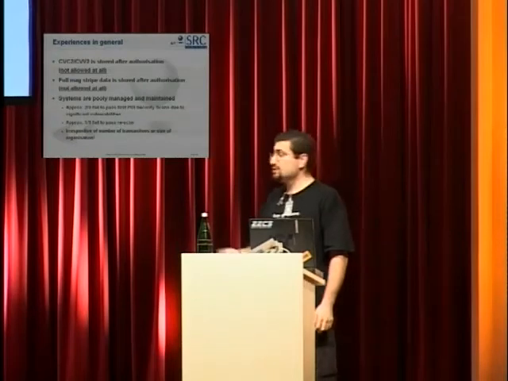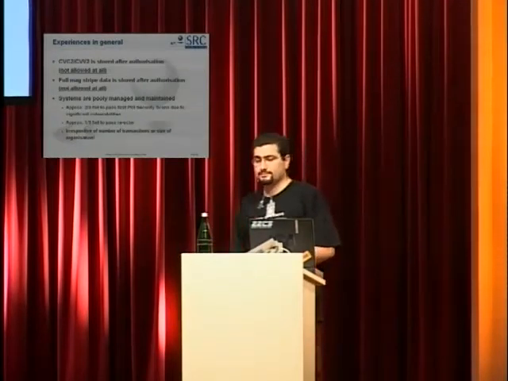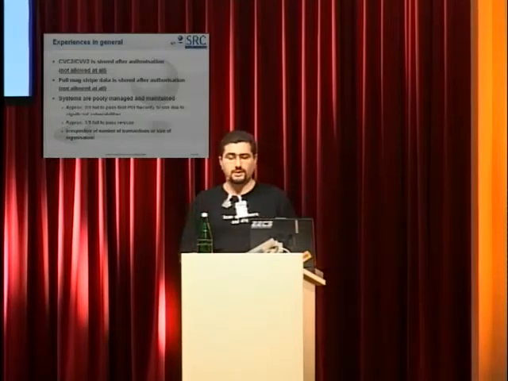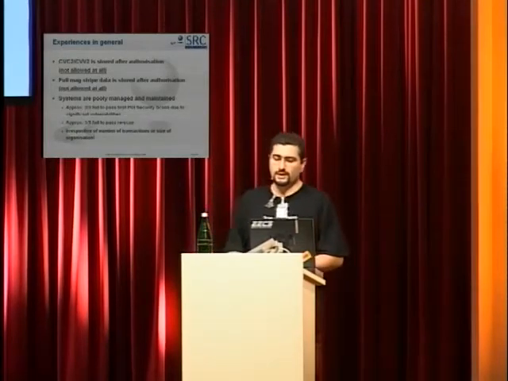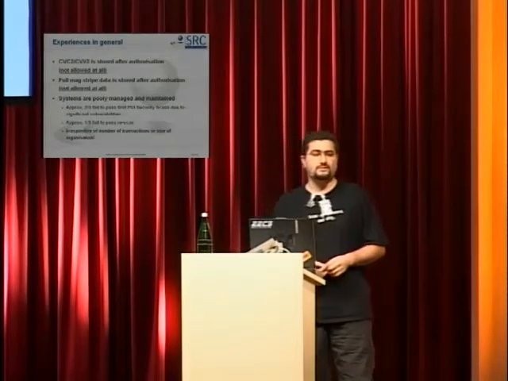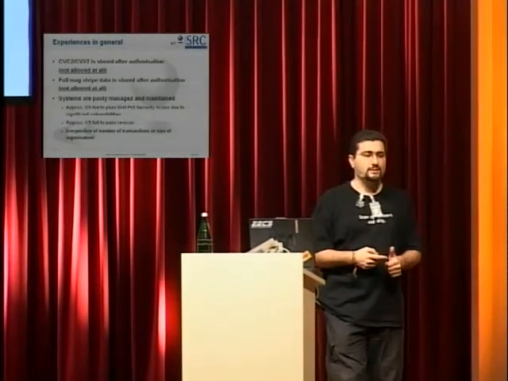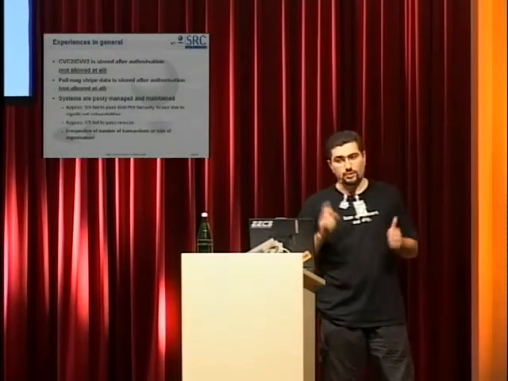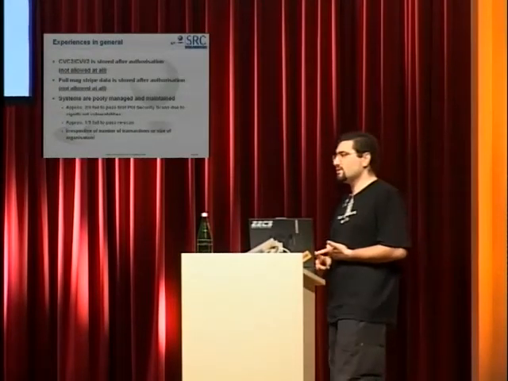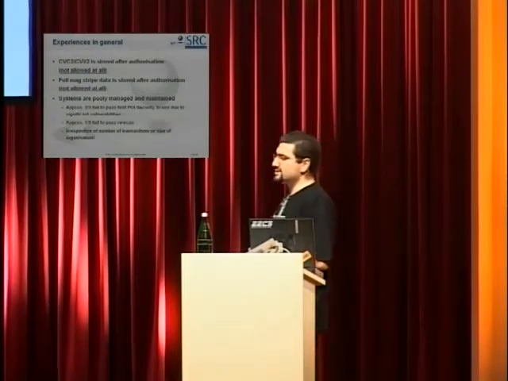And in general, systems are also really poorly managed and maintained. Two thirds of everyone we scanned the first time had significant vulnerabilities, which means we could have had access to sensitive data, or even could compromise and own the system.